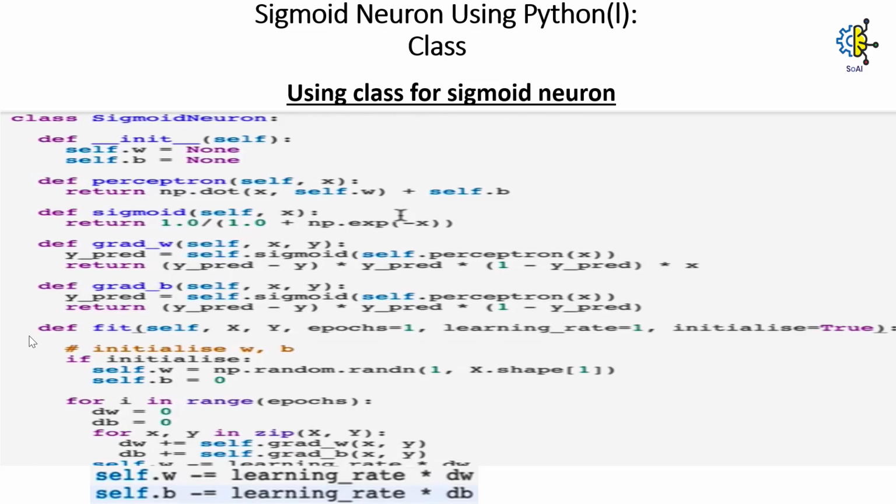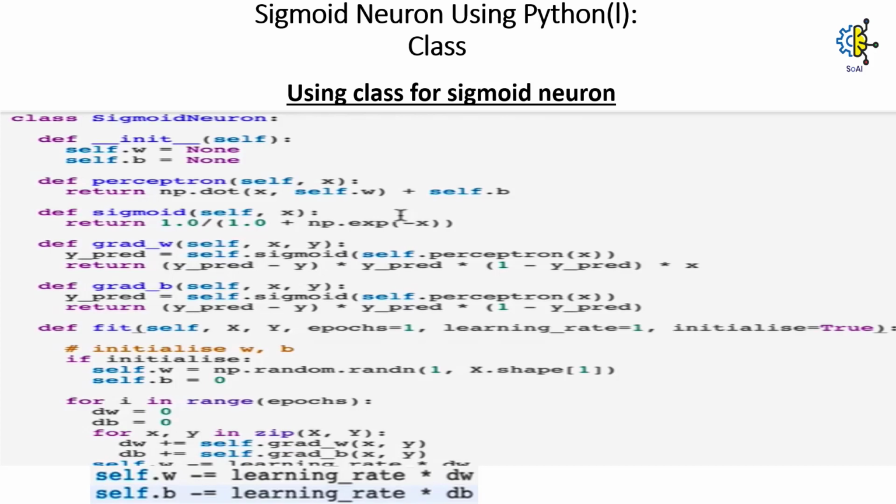When we go to the next function, which is the perceptron function with parameters self, x, it will return np.dot of x, self.w plus self.b. The next function is the sigmoid function with parameters self, x, and it will return 1.0 divided by 1.0 plus np.exp of minus x.